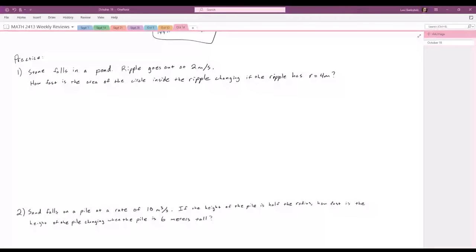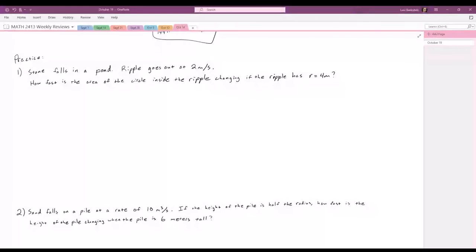Derivative is what? Change in area with respect to time, right? Well, you wrote your equation, A equals pi r squared, right? Well, how can I get dA over dt? We don't divide by time. This isn't really division, but we can take the derivative to get to it, right? So if I take the derivative of the left hand side, what do I have to do to the other side?